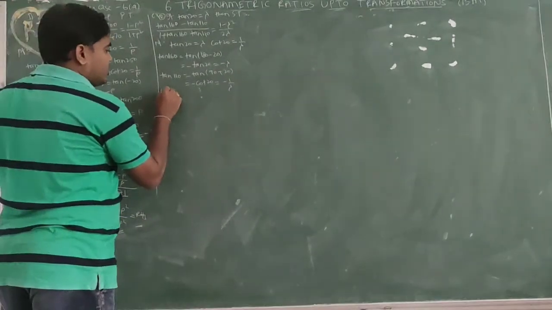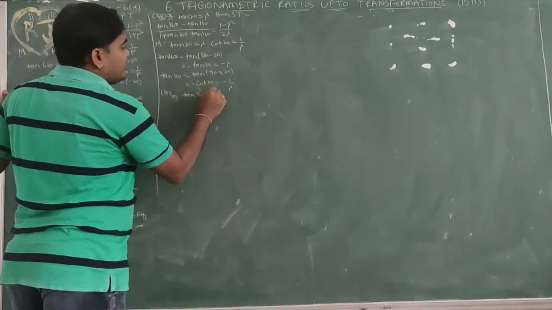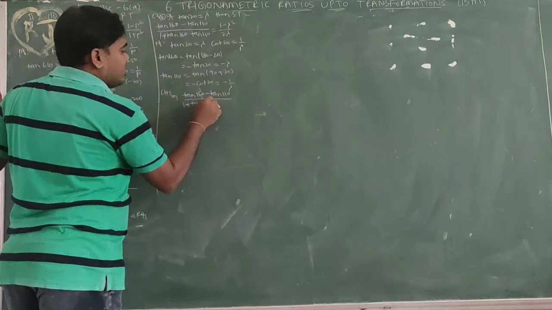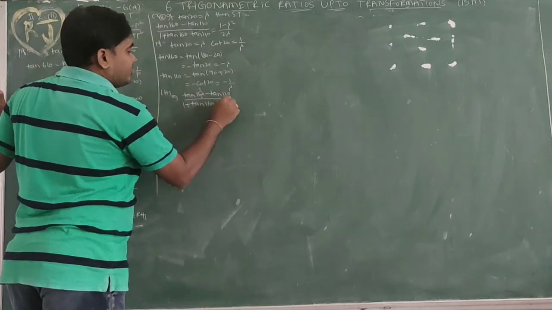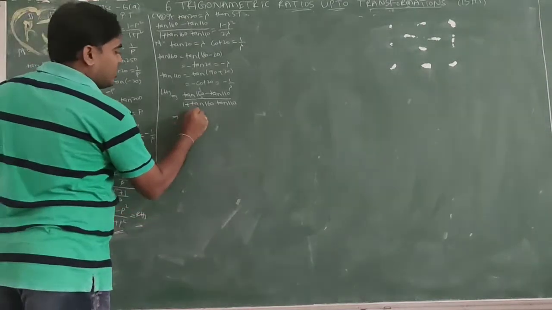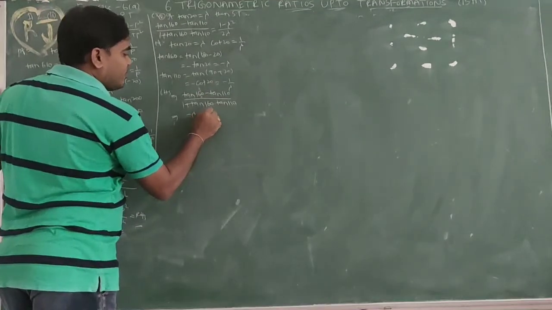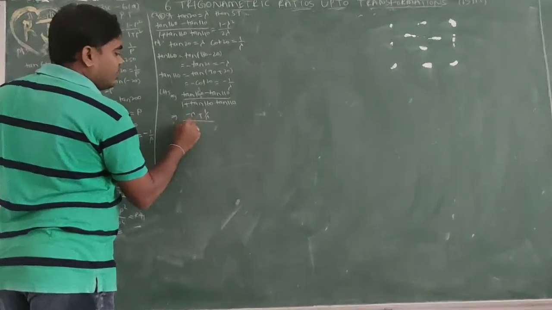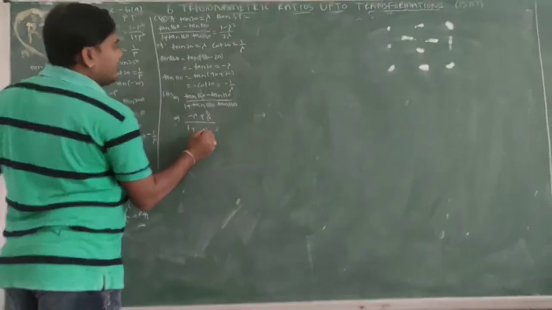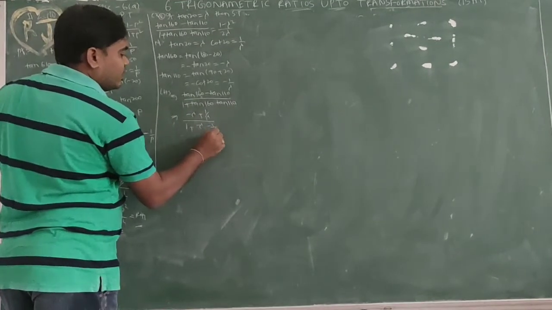LHS: tan 160 minus tan 110 by 1 plus tan 160 tan 110. This implies tan 160 equals minus lambda, and tan 110 equals minus 1 by lambda, so we get (minus lambda minus of minus 1 by lambda) by (1 plus minus lambda into minus 1 by lambda).